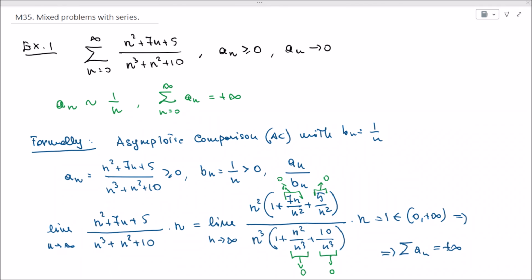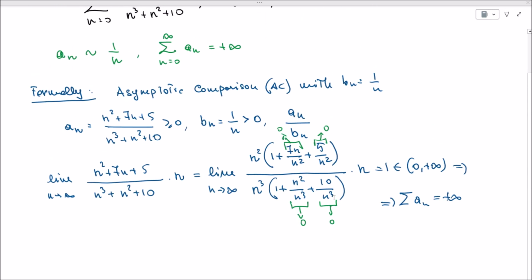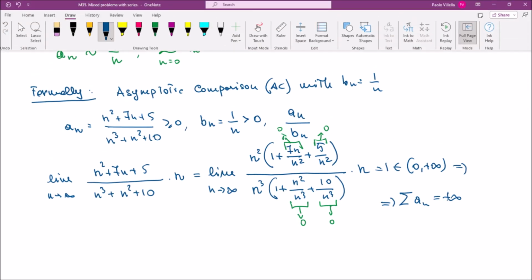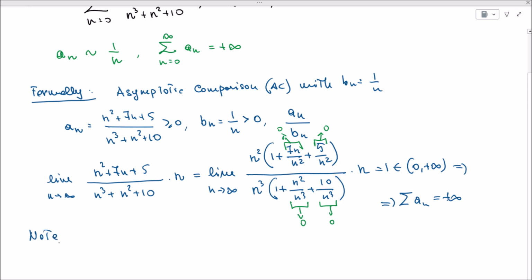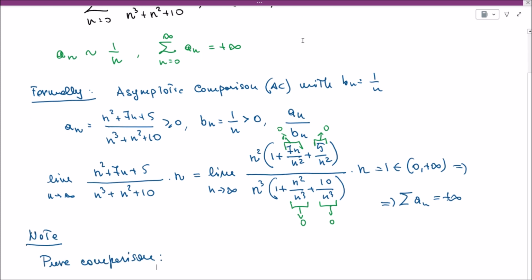Now, notice one thing: we have used the asymptotic comparison. Could we use the pure comparison? Well, the pure comparison would be something like n squared plus 7n plus 5 divided by n cubed plus n squared plus 10.